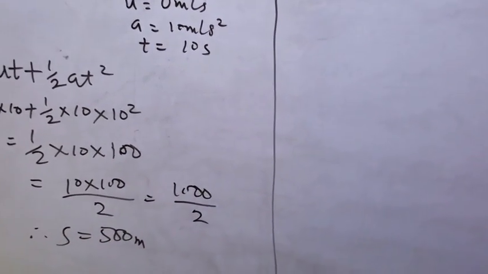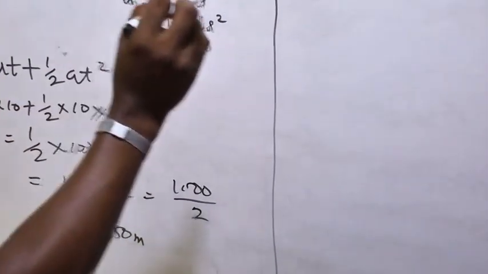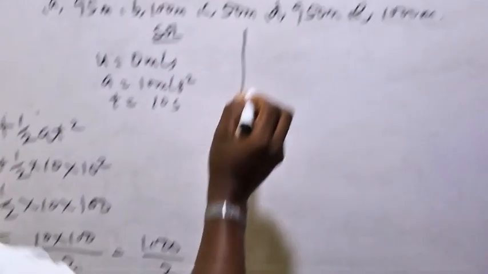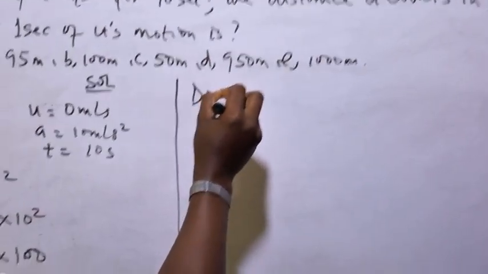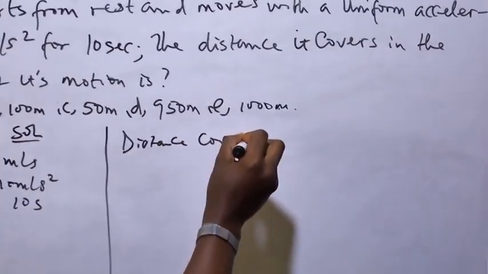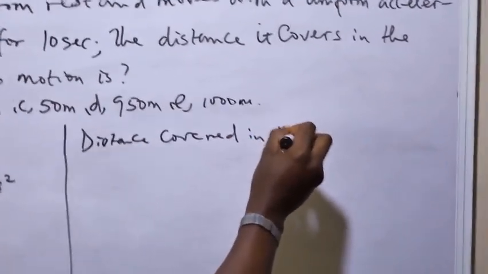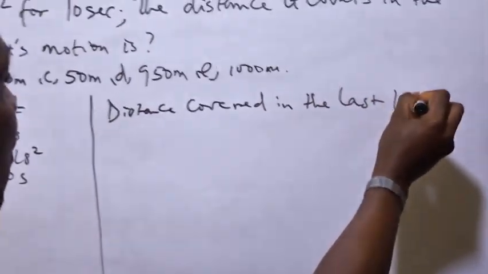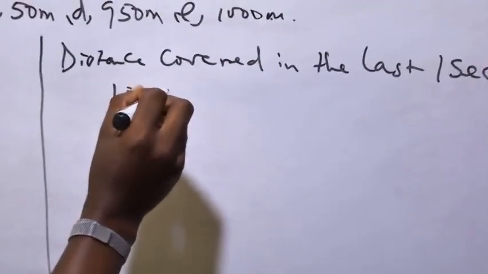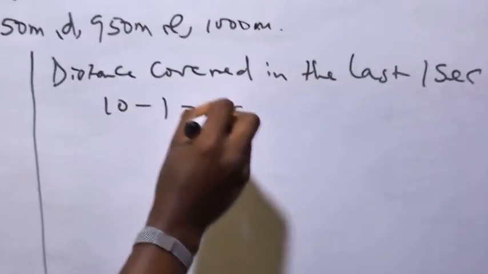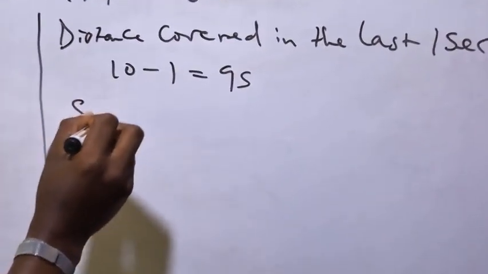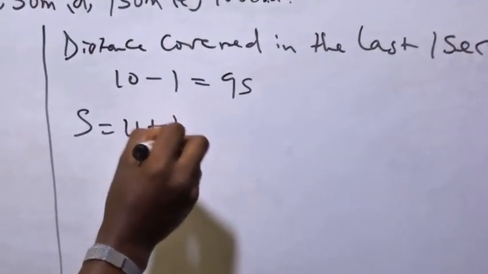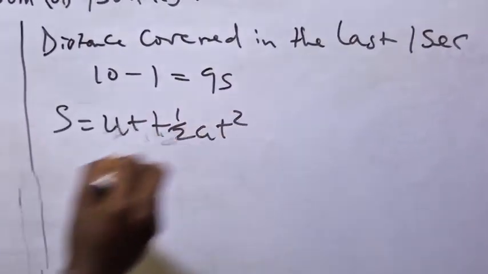But it doesn't actually end there. It said the distance is covered in the last 1 second. For the distance covered in the last 1 second, we are talking about time here, so it will be 10 minus 1, which equals 9 seconds. Still employing the formula, S equals ut plus half at squared.